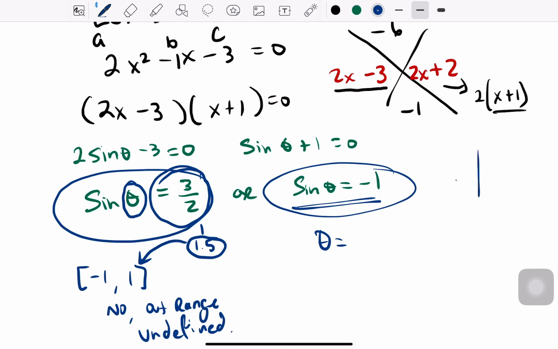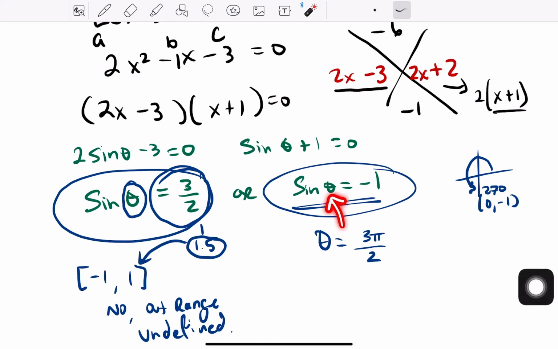And if you remember, -1 really only exists down here. So what angle puts us at 270 degrees? That answer should be 3 pi over 2, right? And 3 pi over 2 is the only theta that, if you plugged it in, would give us -1, right? And then we're done.